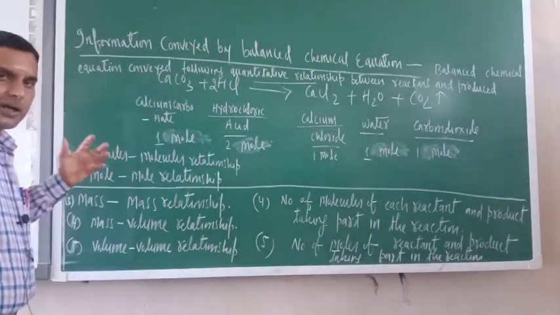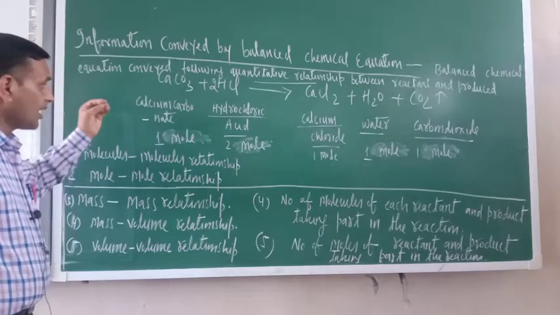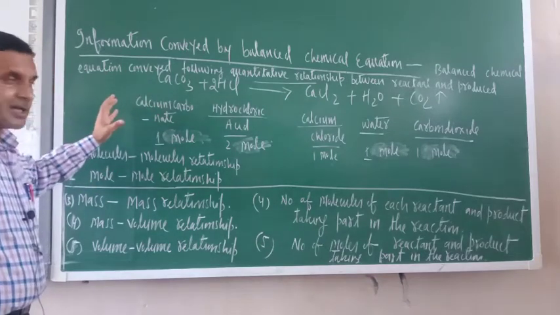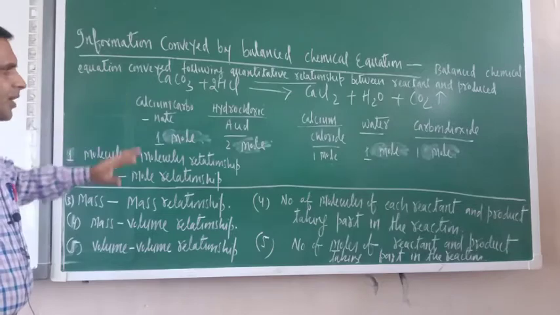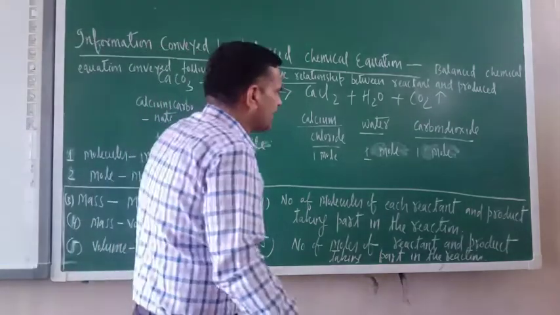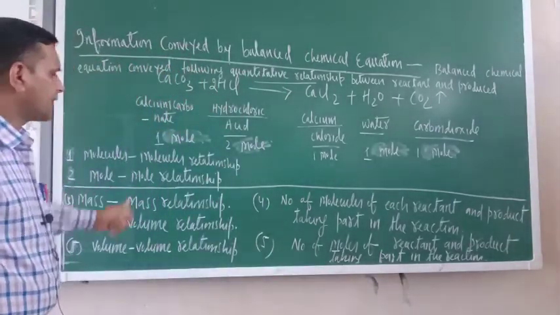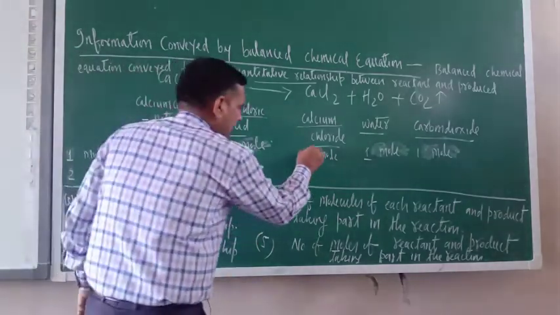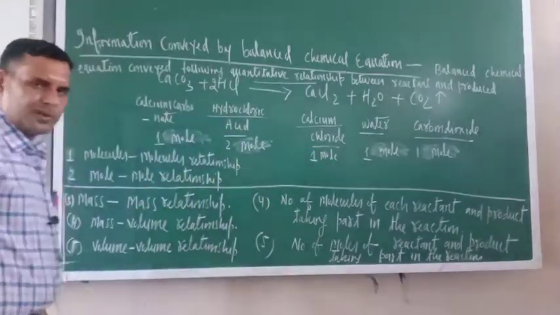So mole can also be explained in terms of the balanced chemical equation. This is the quantitative relationship between reactant and product, and in terms of moles also we can tell.